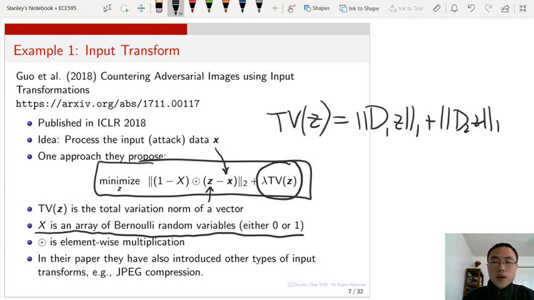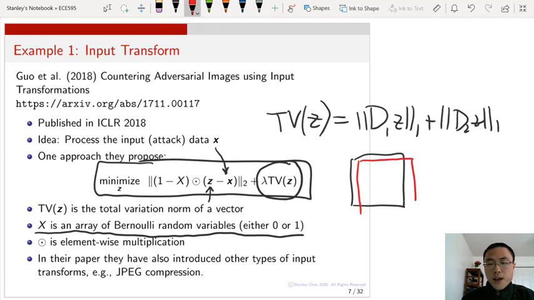Now, what is D? D is a finite difference operator. You have D1 and D2 that account for the horizontal and also the vertical finite difference operator. In order to implement this, what you do is that you take this image and then you shift the image to the left or to the right by 1 pixel, and then you subtract the difference. So this is a horizontal finite difference.